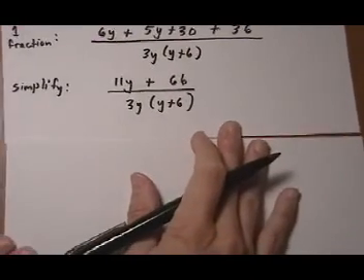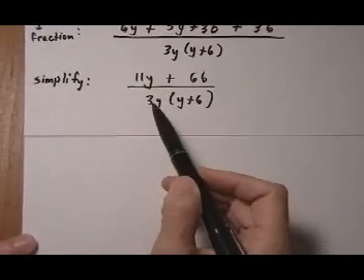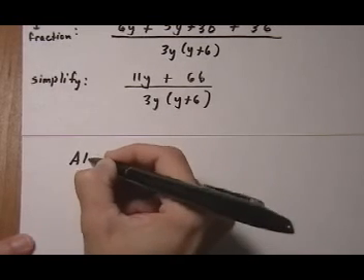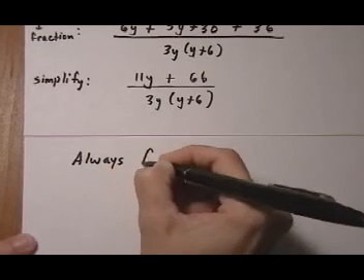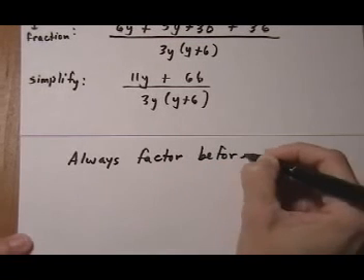And now that we've simplified, the next step we want to do is see if we can cancel anything out. But remember, as far as canceling out, always factor before canceling.